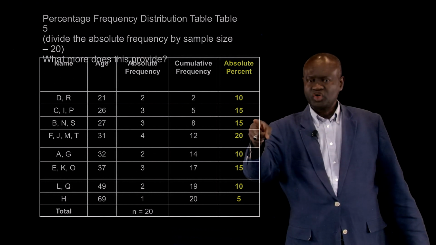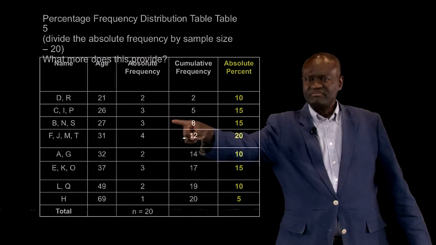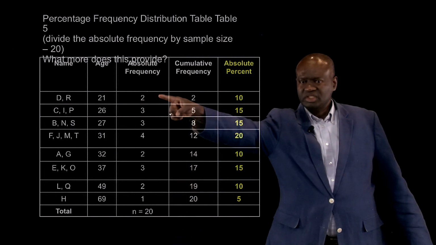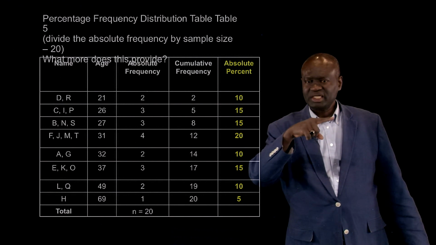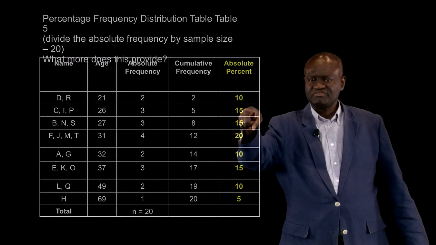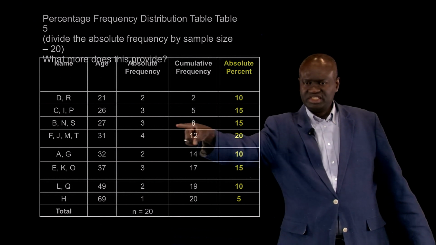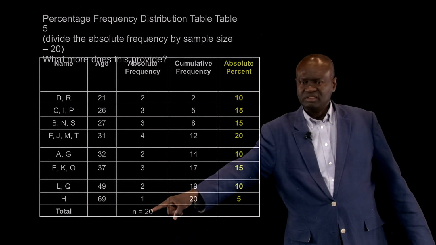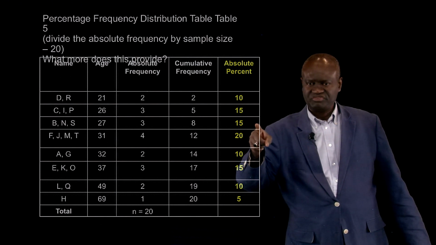And then for this number, for the second group, we have 3 people out of 20. So 3 divided by 20 multiplied by 100. That will give us 15. Okay? And then for this 15, it will be the same because we have 3 people out of 20. So 3 divided by 20 multiplied by 100 equals 15.